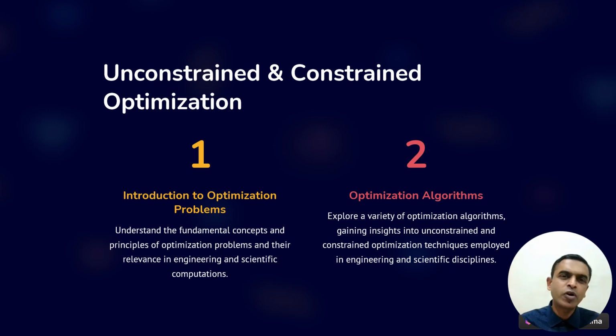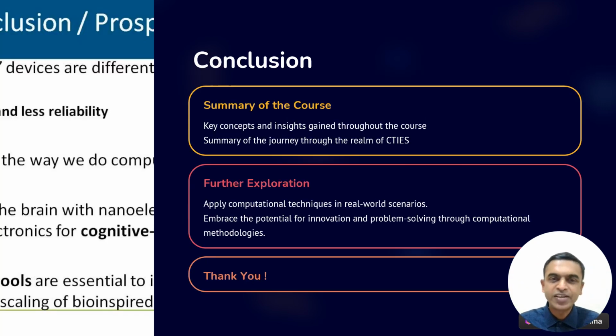We have to maximize profit, minimize cost under various constraints. When the constraints are loosely defined, it is called an unconstrained optimization problem, and when the constraints are very strictly defined, that is called constrained optimization. So we will be seeing the various unconstrained and constrained optimization using software and the packages.